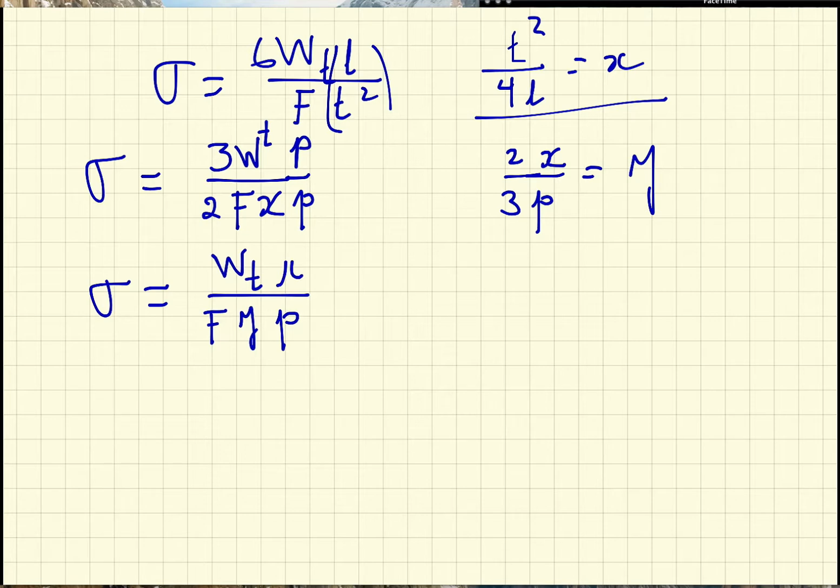Furthermore, if we multiply by pi and divide by pi, we know that p over pi is equal to 1 over the diametral pitch.